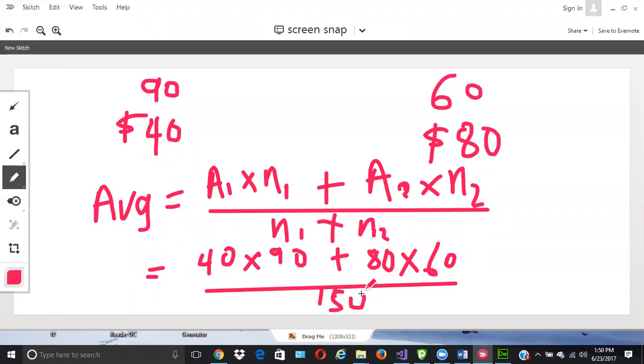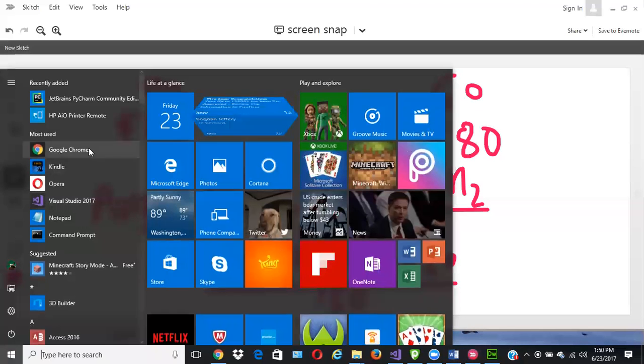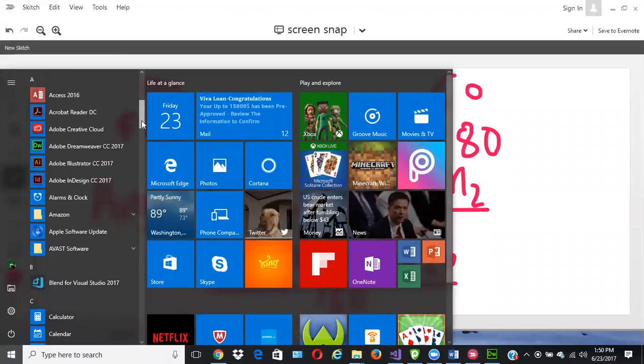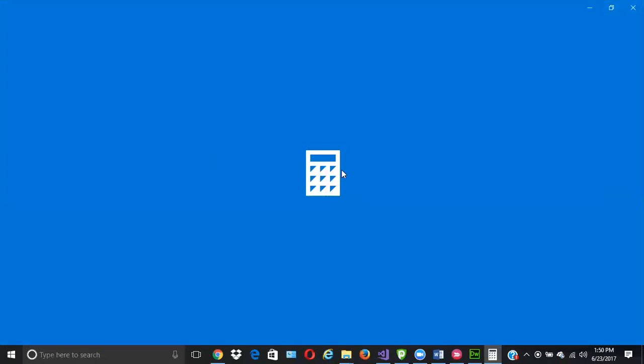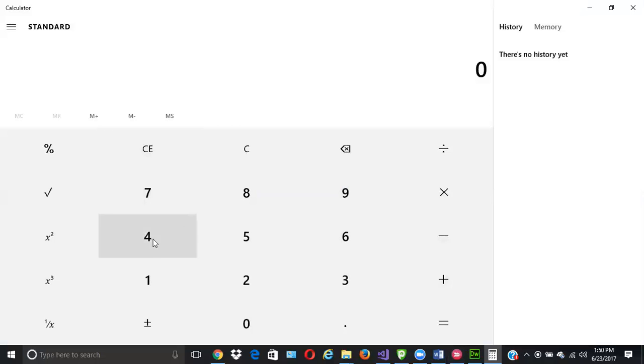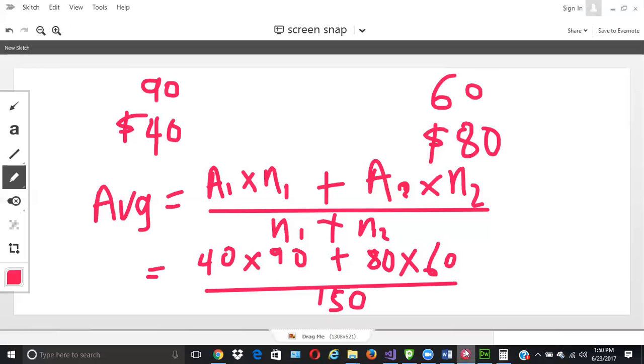So let me pull up my calculator here. 40 times 90 plus 80 times 60.